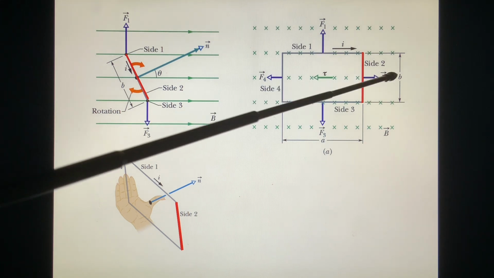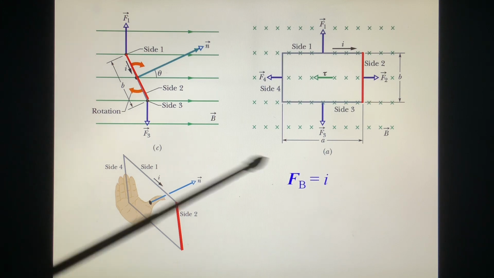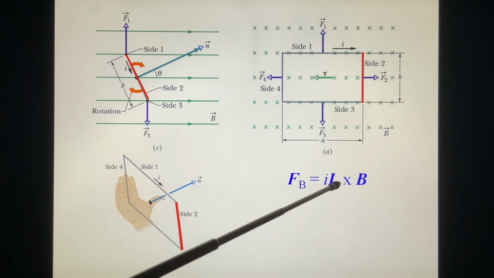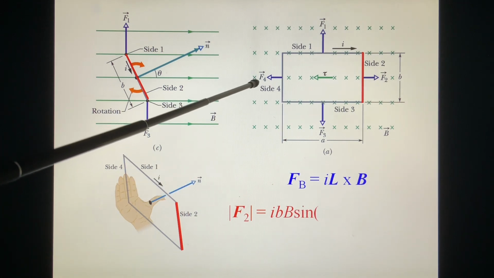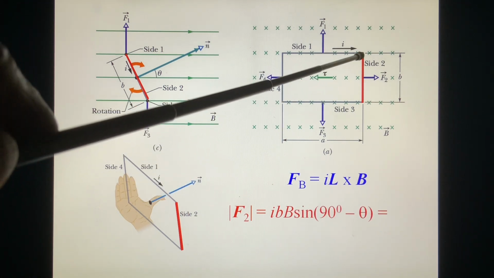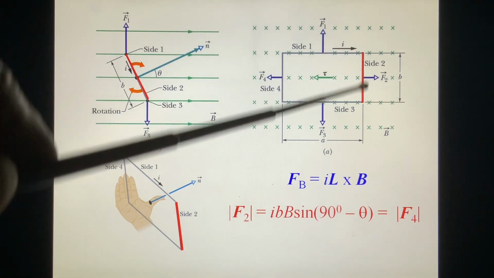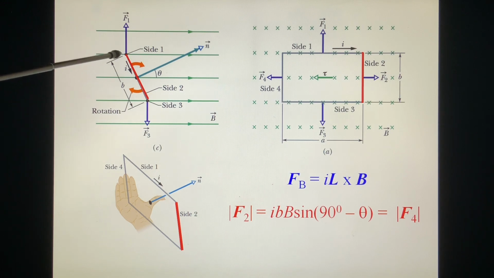First, we look at F2 and F4. We know the magnetic force F_B equals I L cross B. This is the length L. F2 and F4 are the same: the current I, the length, and B, and the angle with the current is 90 degrees minus theta.